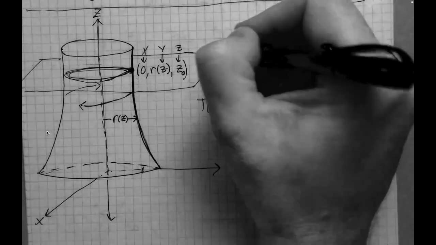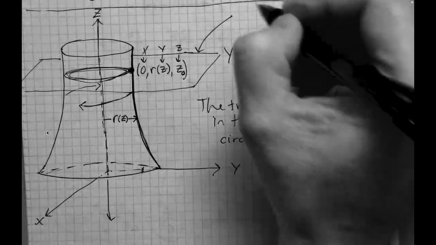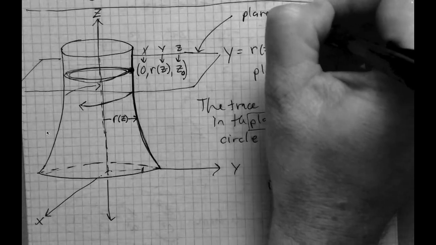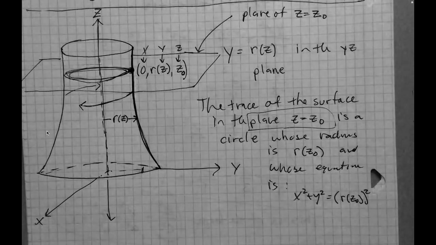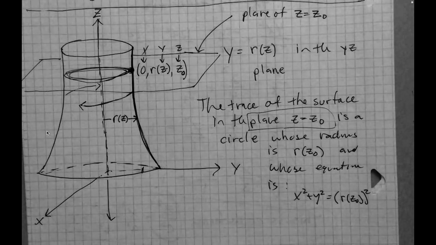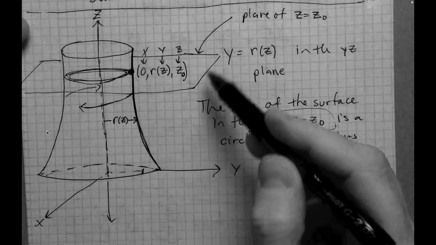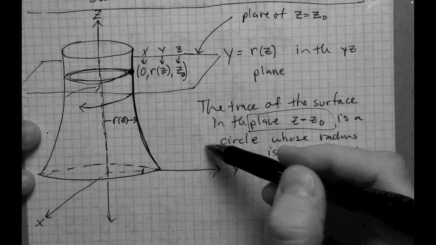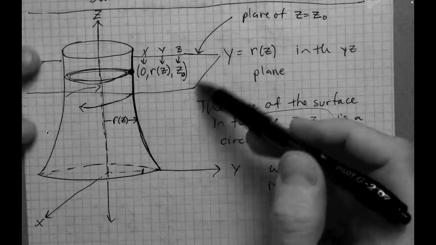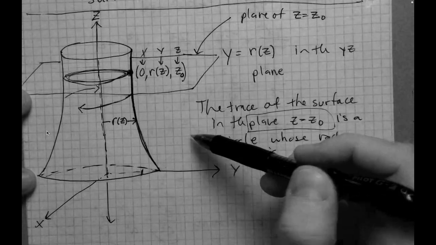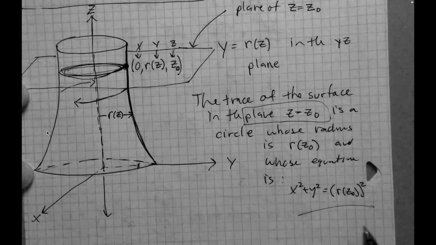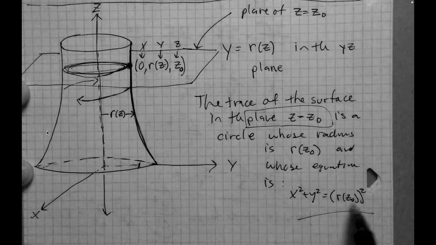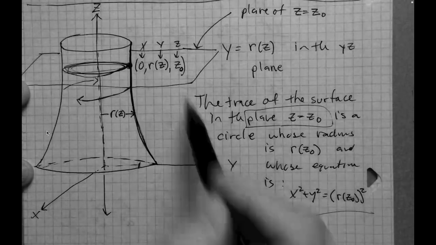So this would be the plane of z equals z0, whatever this fixed value of z happens to be. The whole idea is I can move this plane up and down, and wherever z naught happens to be, there's going to be a circle there defined by this equation, because obviously the radius here will vary depending on the value of z naught.